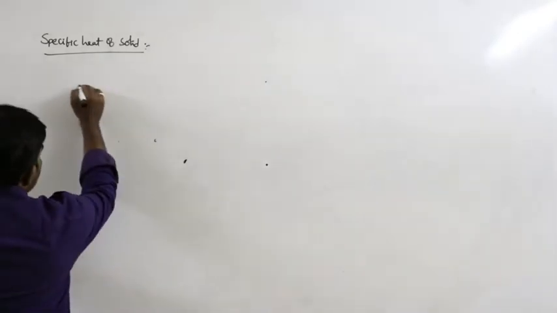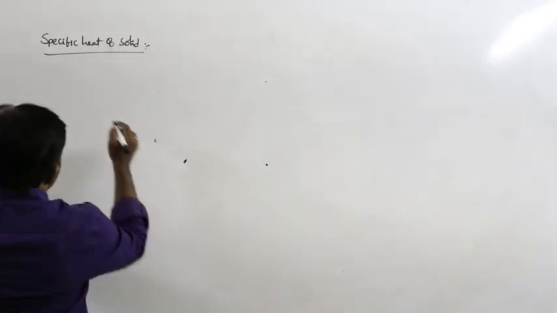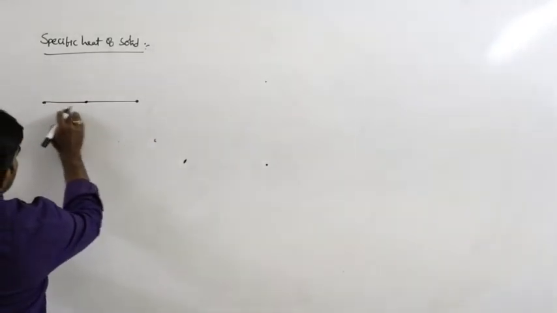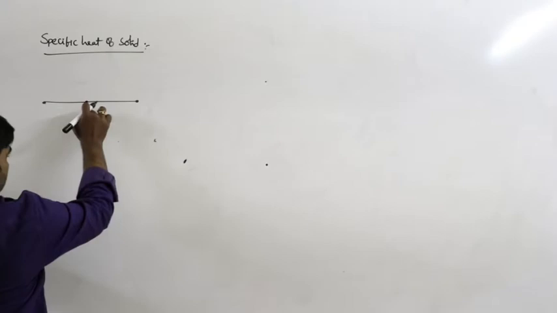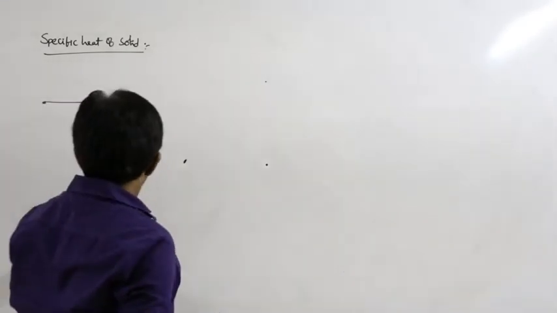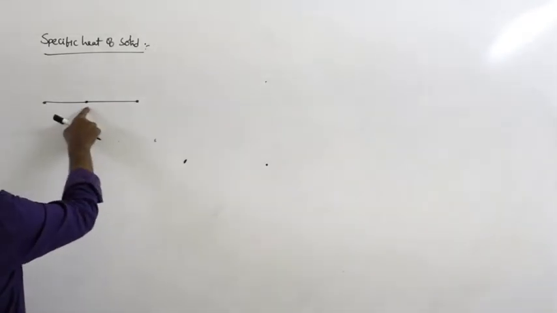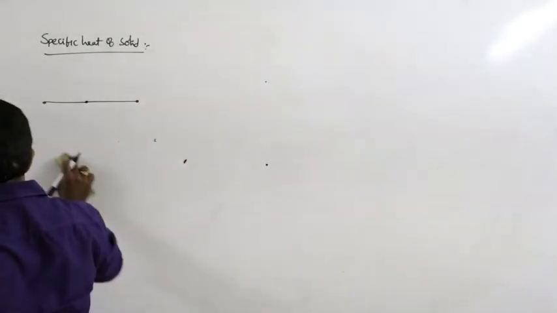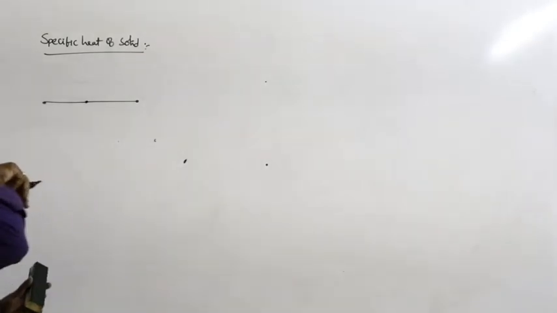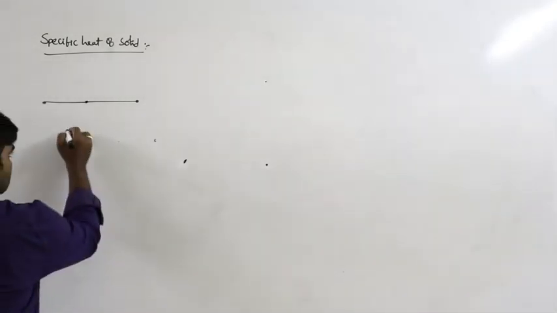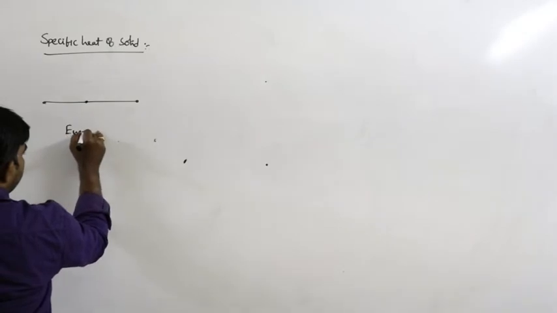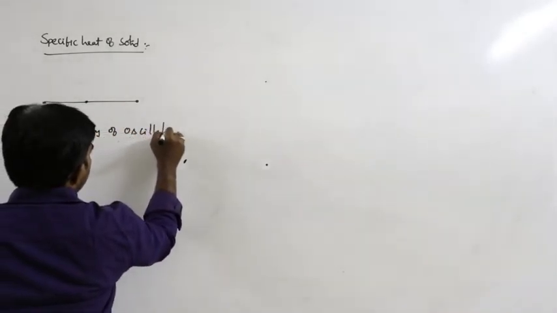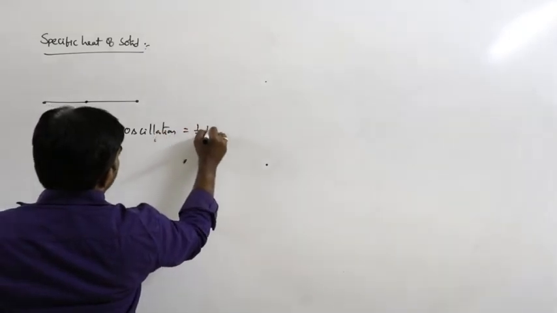Oscillatory motion means the particle moves from this position to this position, like from here to here or here to here. So the energy of oscillation is, let us say, half kBT.